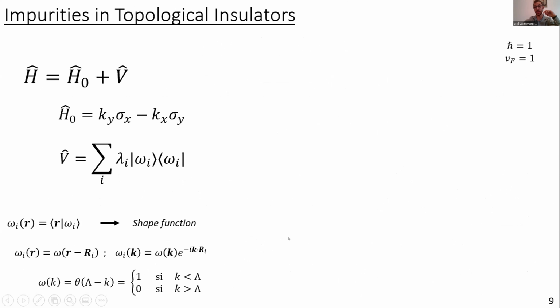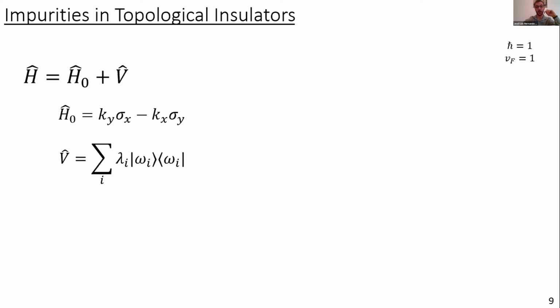We introduce it in this way because we are assuming a one-band model in our calculations, and this also reminds us that the electron moves originally in a lattice, so it has a finite band width. So also in real space, it will correspond to Dirac deltas, so it's a realistic description of the problem.